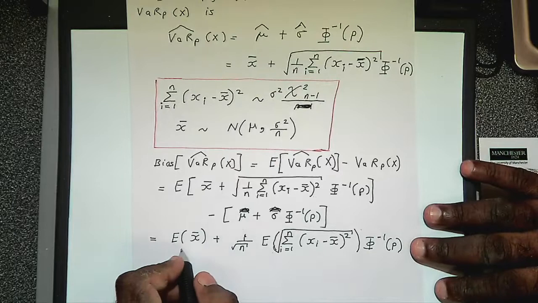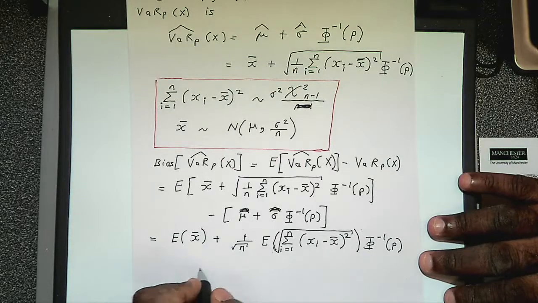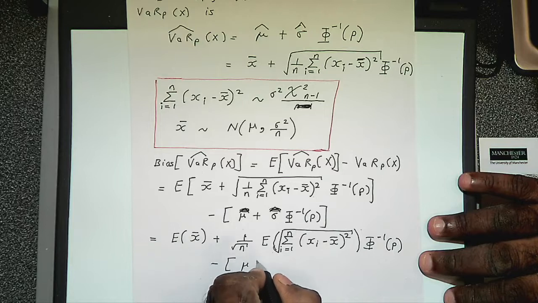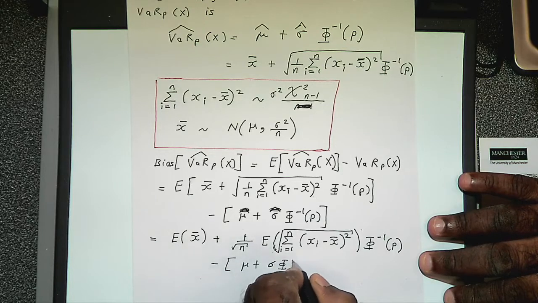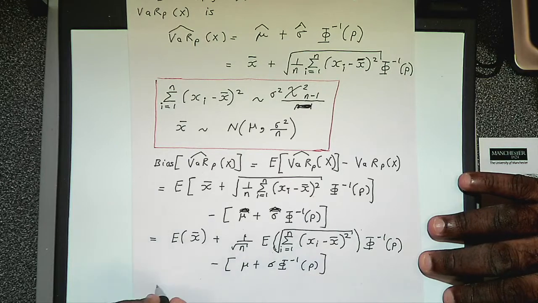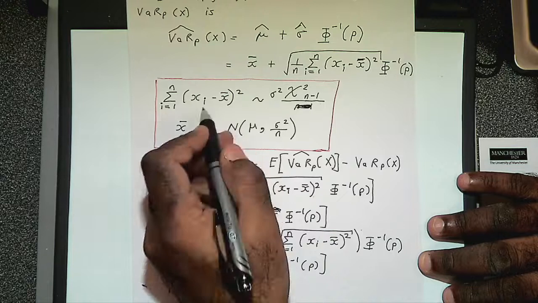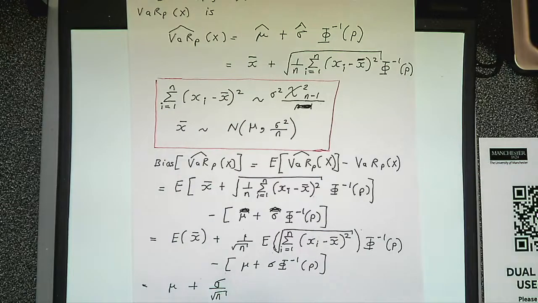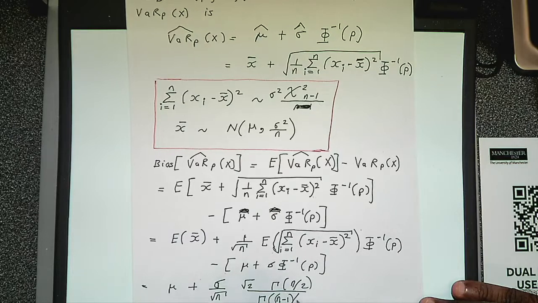So the expectation of x bar from this fact is mu, and the expectation of this guy here from this fact, after a lot of calculations which I'm not going to go through now, can be shown to be equal to this. Right? And then you have this guy here.